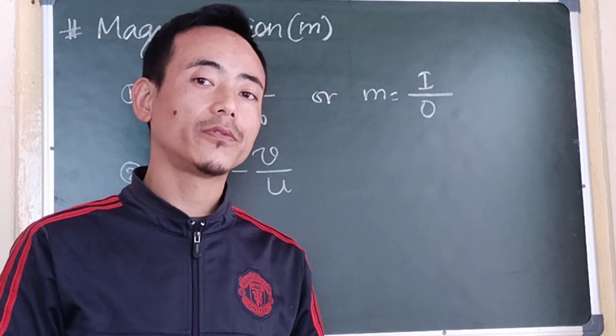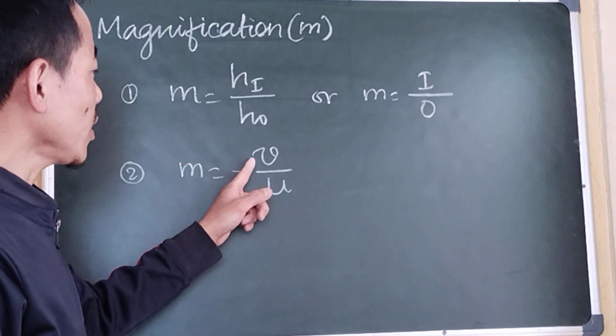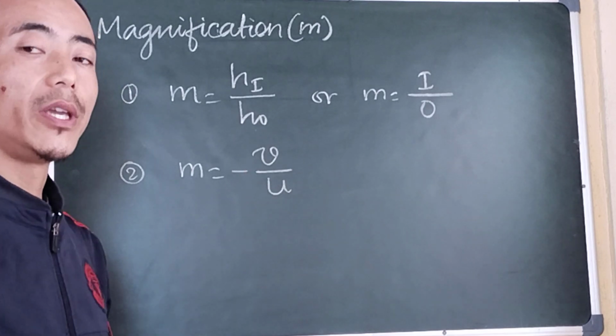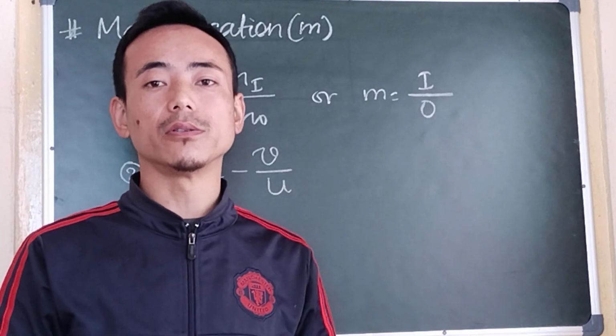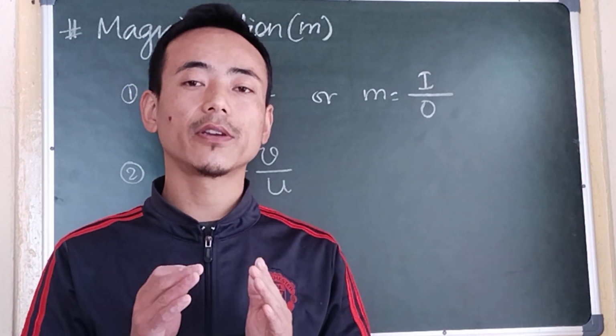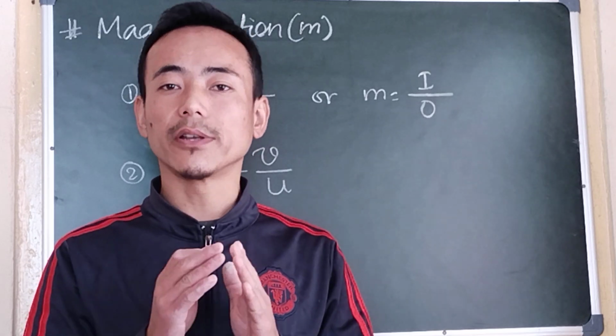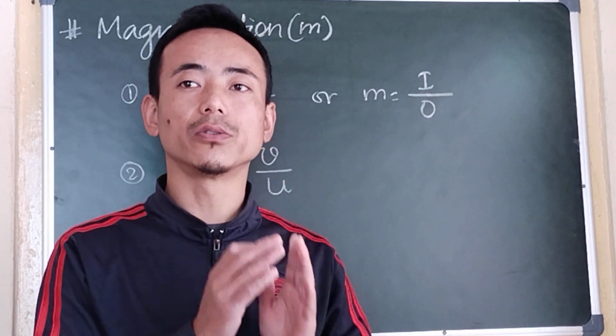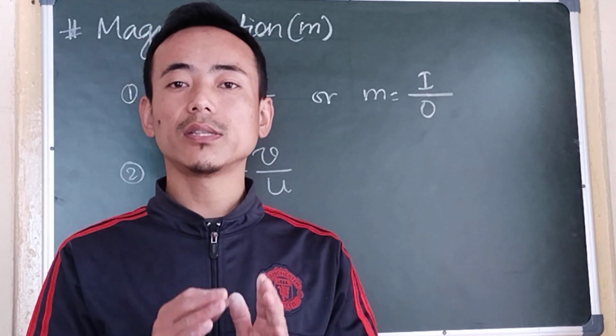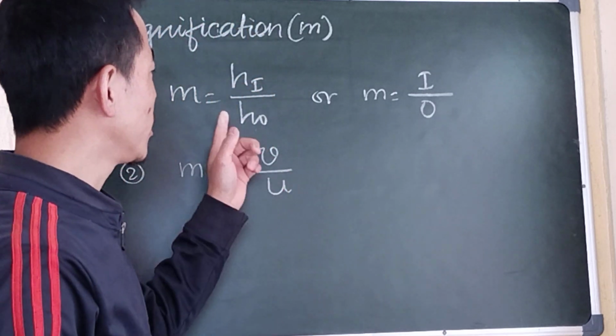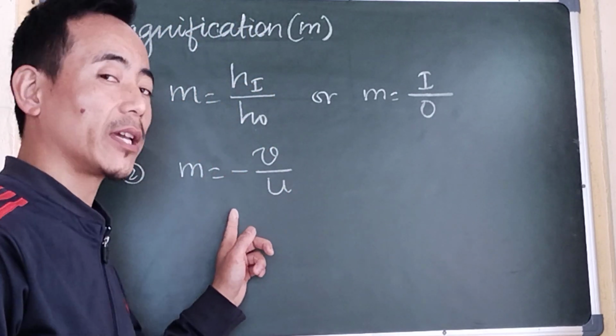The other definition for magnification can be v divided by u, where v is your image distance and u is your object distance. So magnification can be defined as the ratio of image distance to the object distance. So these are the two formulas, or these are the two definitions for magnification.